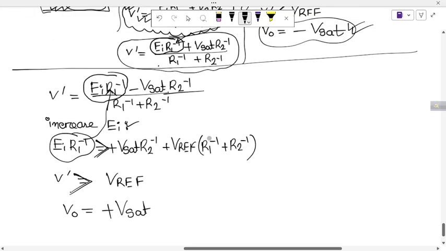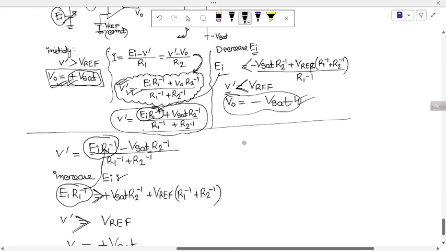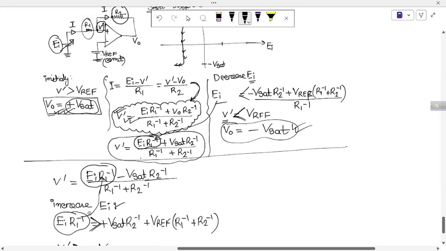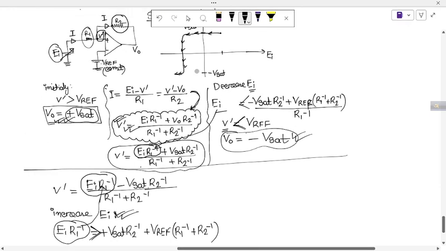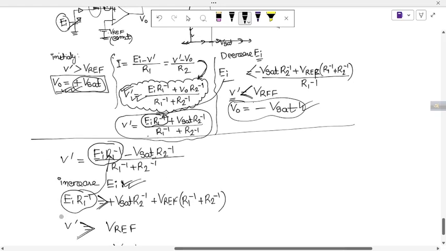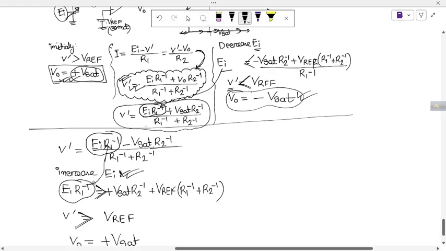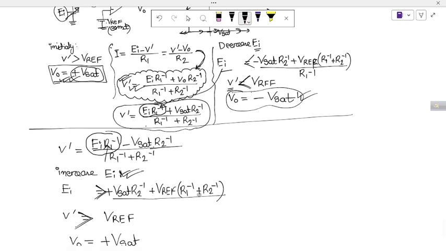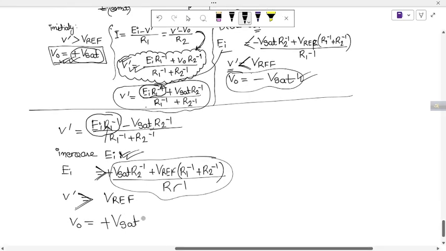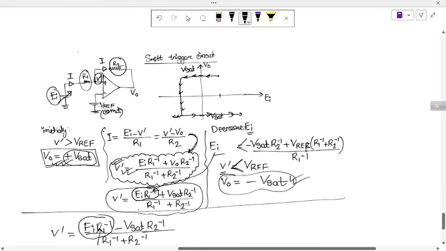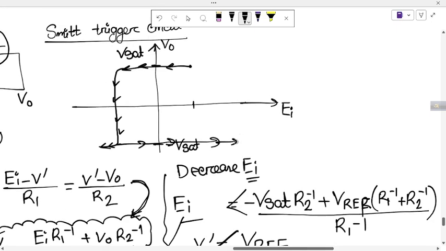So let's go to the graph. We are now increasing EI, which means we are going to the right-hand side, and when EI is greater than this value, the output voltage jumps from negative Vsat to positive Vsat.